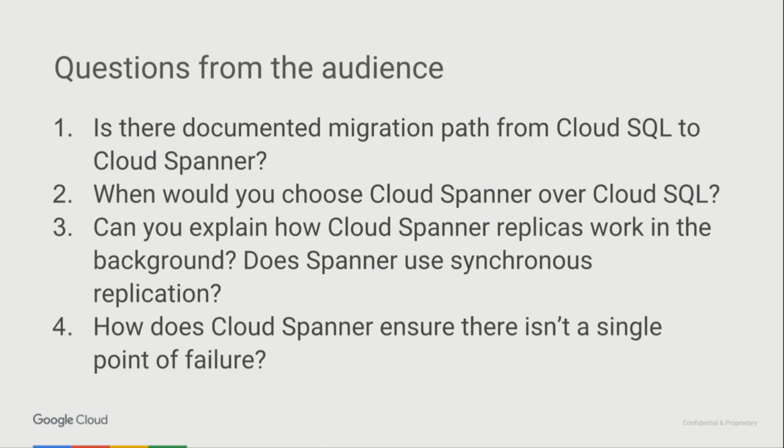So going back to our question set, how does Cloud Spanner ensure that there isn't a single point of failure? So I think I covered some of this in our discussion so far, which is that Cloud Spanner is both replicated across multiple zones and multiple GCP regions.